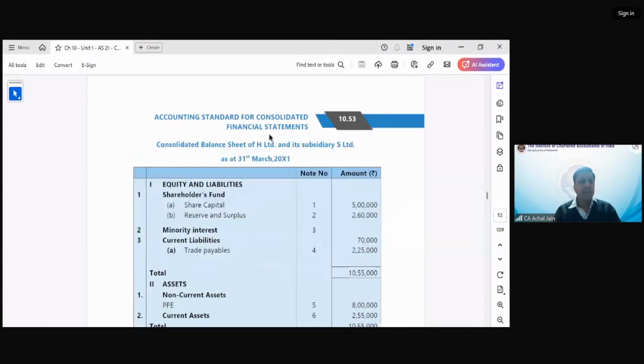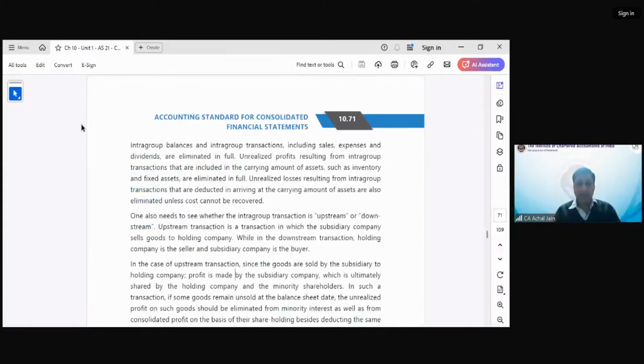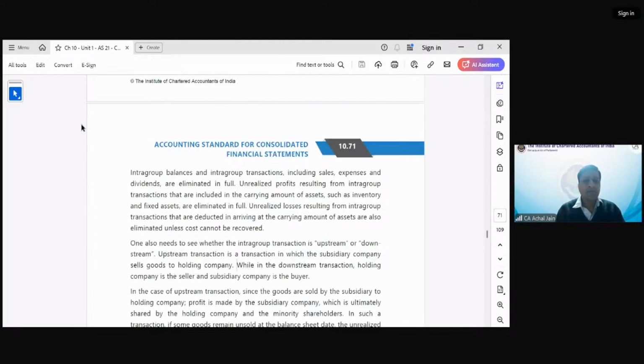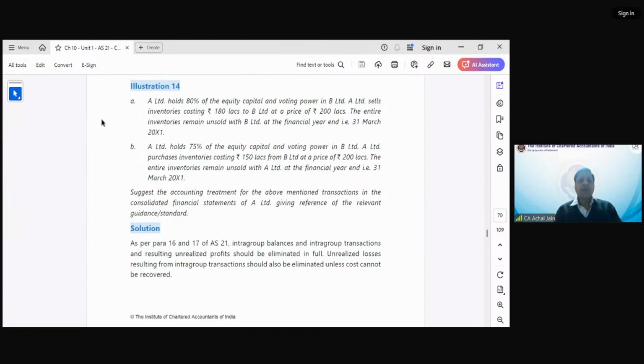Now this elimination, whether it's upward or downward, in both the cases will be required. But of course, the approaches could be different. So we'll look at those approaches. Okay. So now let's look at this example.